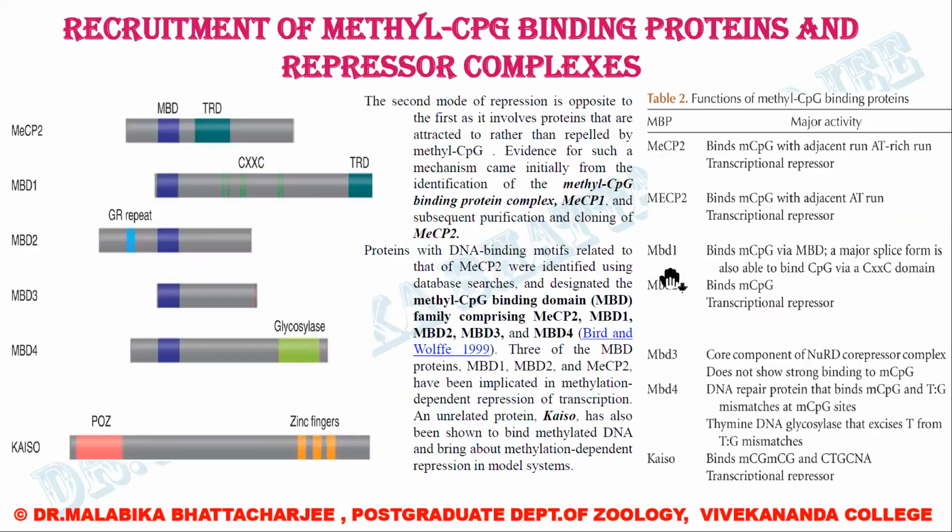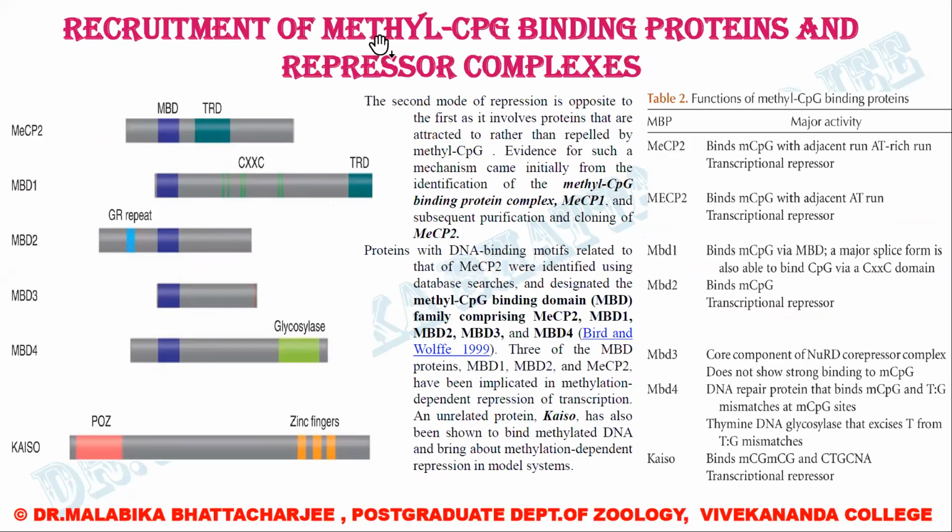Okay. Now let me show you some pictures of the molecules that help in protection of the CGI islands. For example, these are METHYL-CPG binding proteins. There are certain proteins which can directly bind to the CGI islands and prevent methylation. That is one group of proteins.